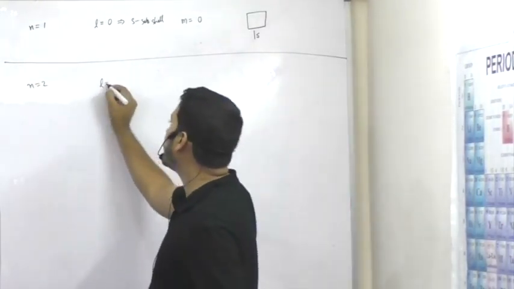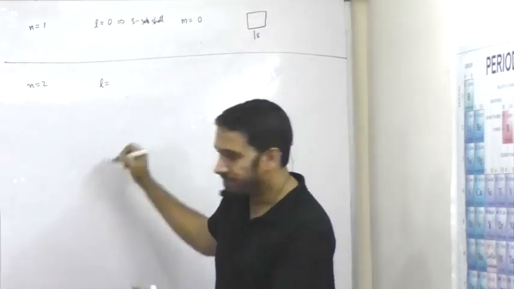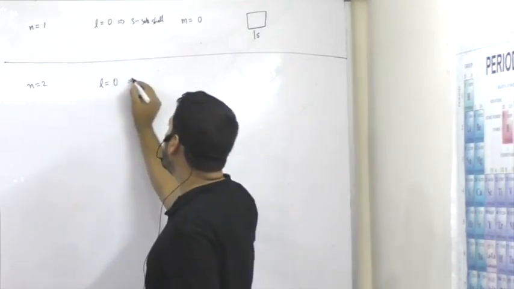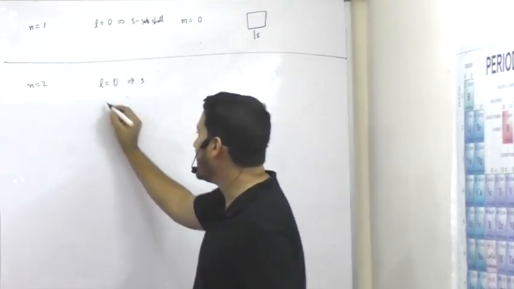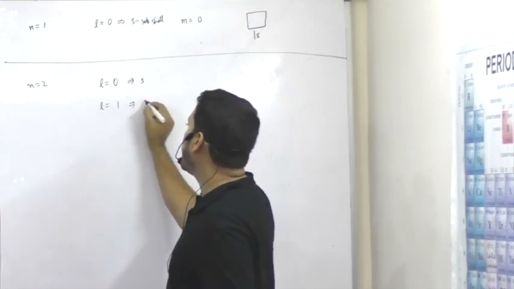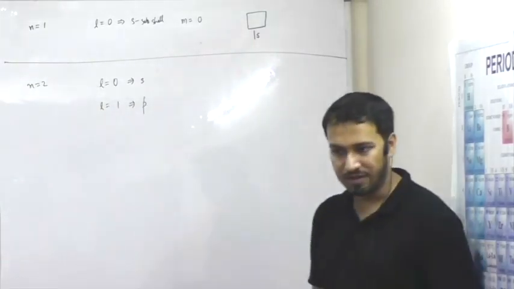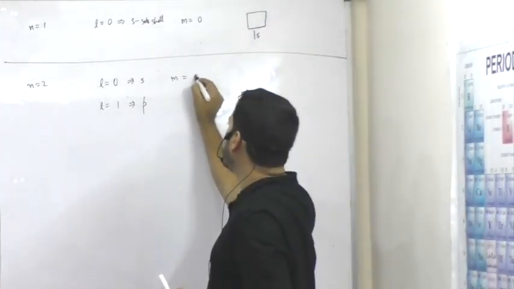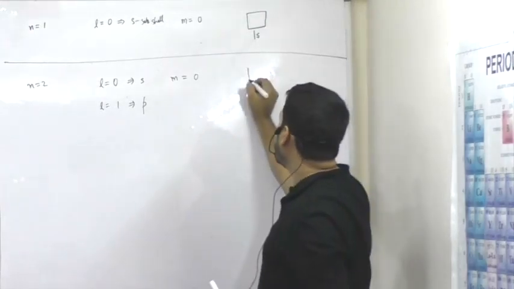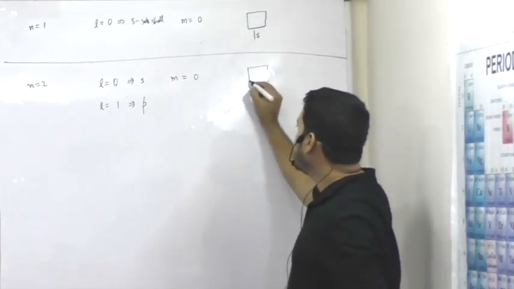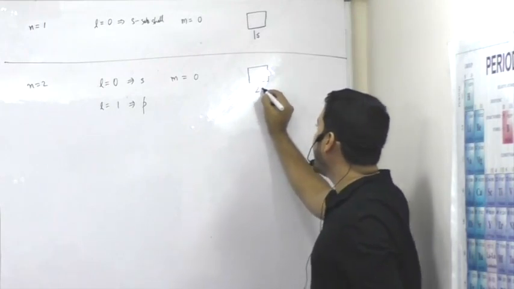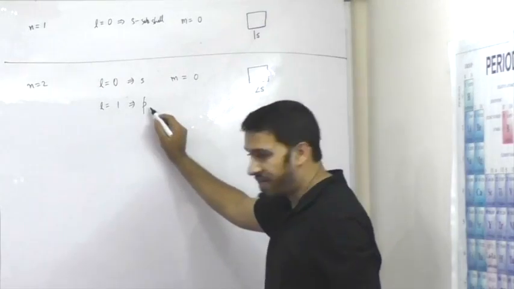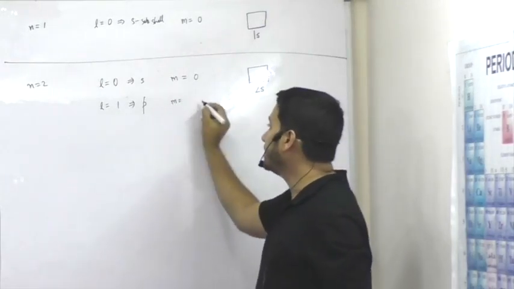what are the possible values of L? 0 and 1, because L goes from 0 to n minus 1. So if L is 0, that corresponds to the S subshell, and if L is equal to 1, that corresponds to the P subshell. Now, if L is 0, what are the possible values of M? Only 0. So I will have only one orbital. This orbital has principal quantum number 2, and the subshell is S. But in case of P, what are the possible values of M?